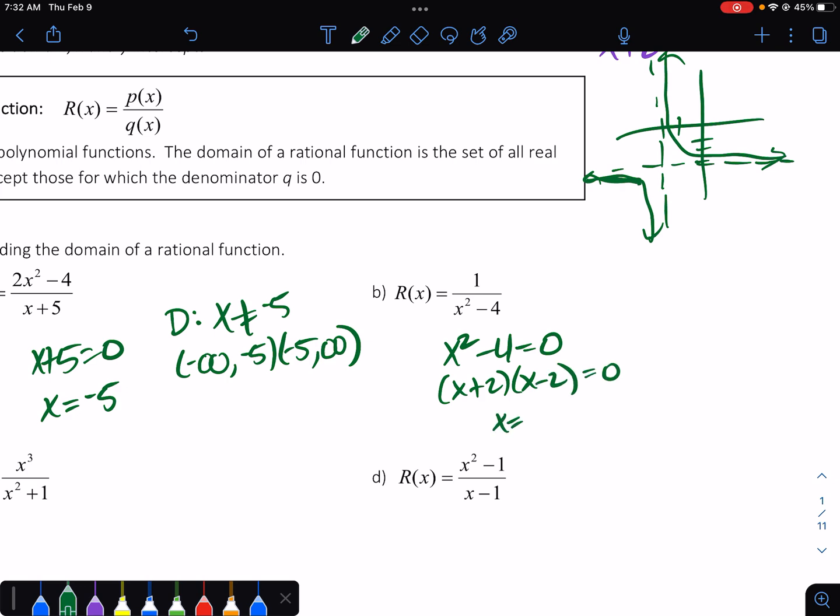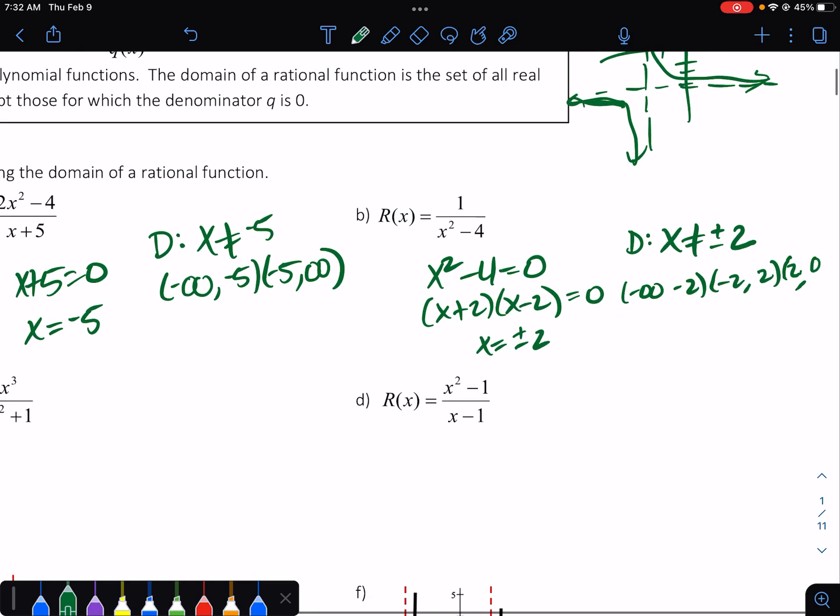So then we get x equals plus or minus 2. So our domain is that x cannot be those two numbers because that's what gets the denominator 0. Okay? So again, in interval notation, this would be -infinity to -2, -2 to 2, and then 2 to infinity.